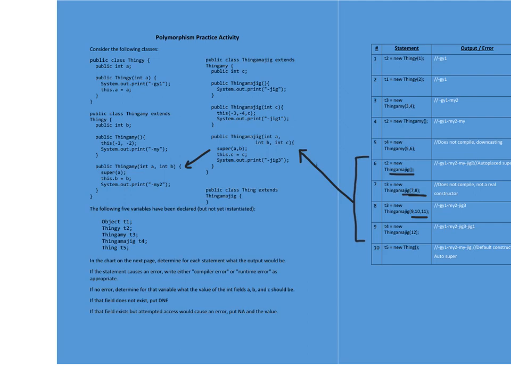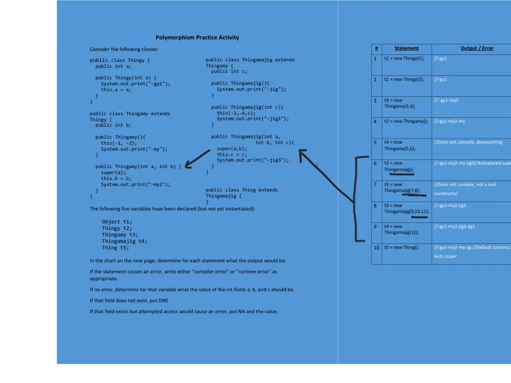The 2-arg constructor then calls the superclass 1-arg constructor, which will print out the gy1. That will then, of course, come back to here. It'll print out the my2, which will then return over, and it'll set the value of C and print out the jig3.